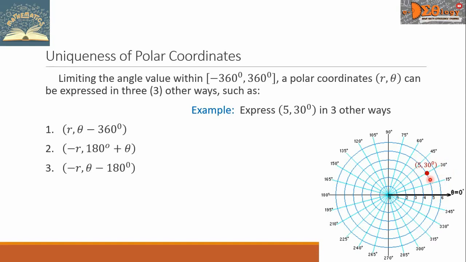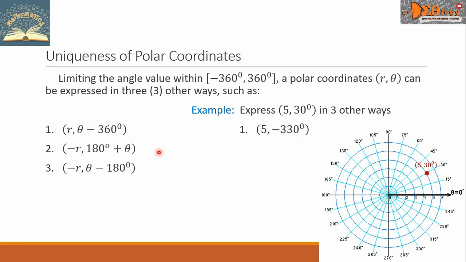Now, let us express this point in three other ways. Using the pattern of number 1, the first polar coordinates is 5, negative 330 degrees. Take note that the negative sign means we're going to generate a clockwise direction of an angle. So if we go negative 330 degrees, it will stop here, and the radius 5 gives exactly the same point here.